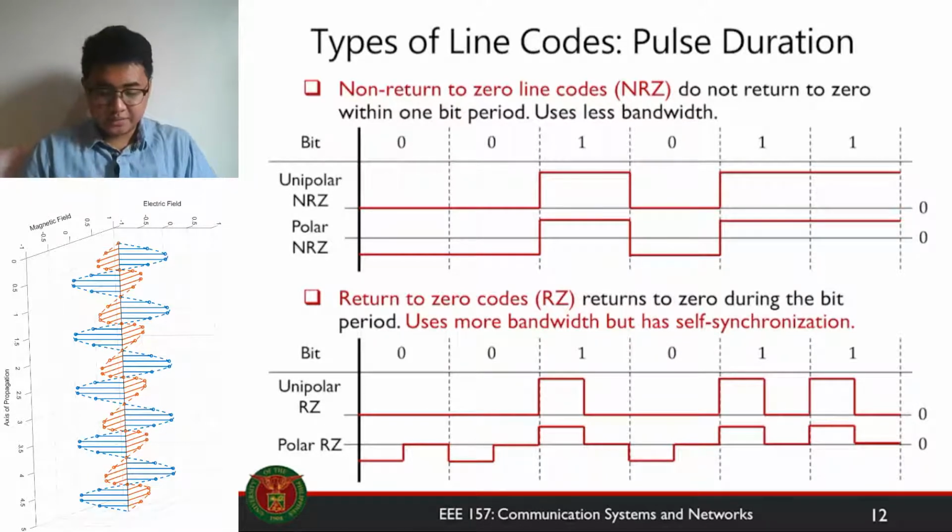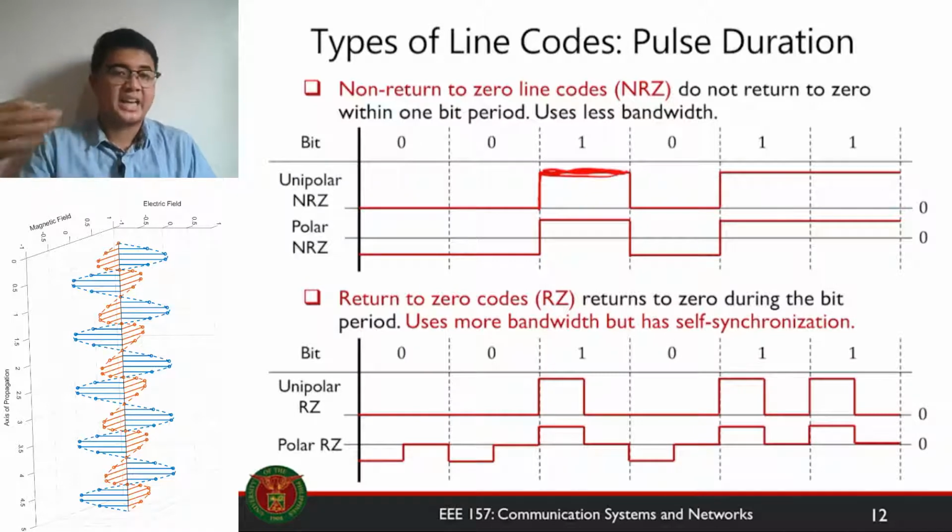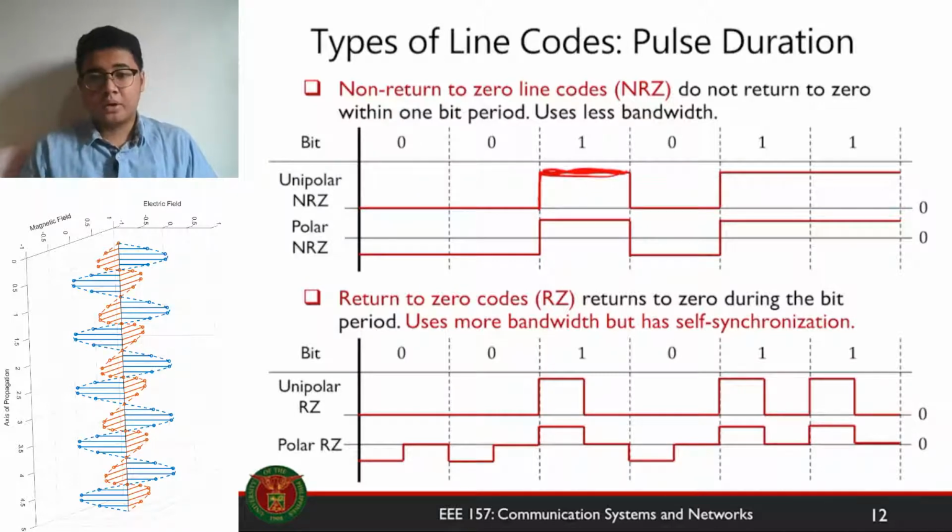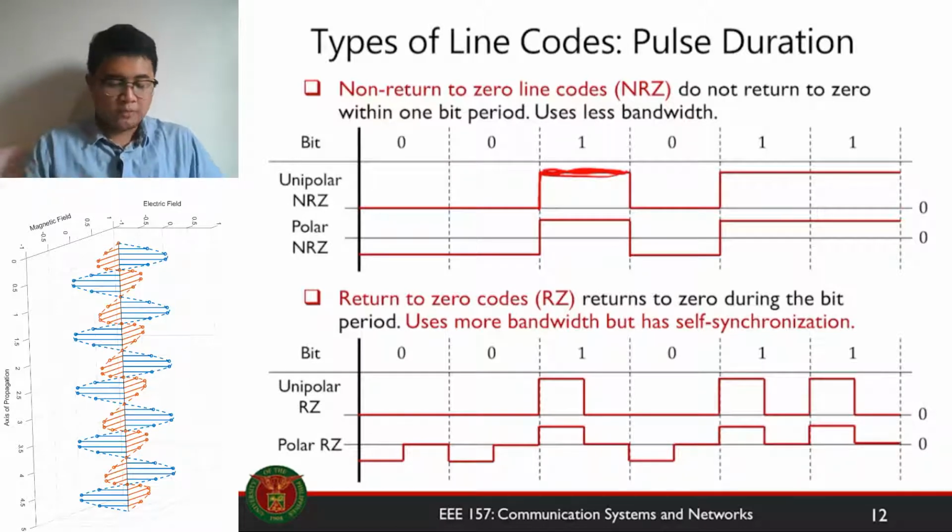So as you can see here, if the bit output is 1, then for the whole symbol period, or the bit period here in this case, the output of your line code is always 1, or always high, rather. For the return to zero code, if you have a bit 1 for unipolar, then you will have an output that is going to go back to 0 within the bit period, as you see here.